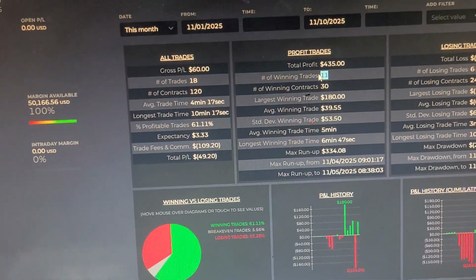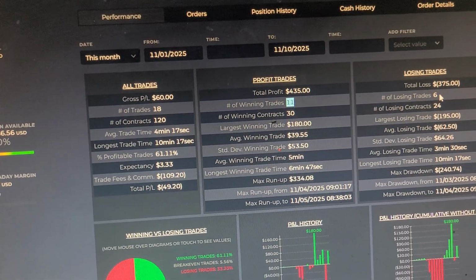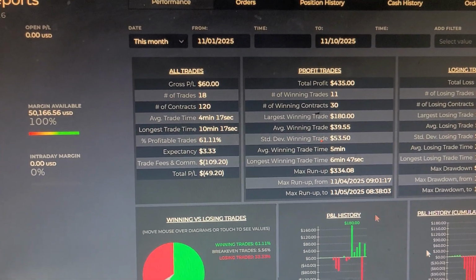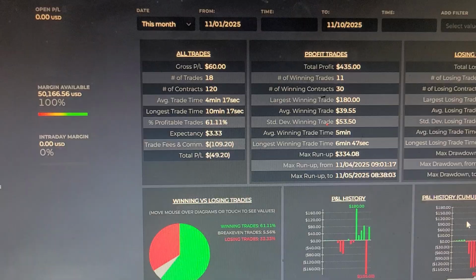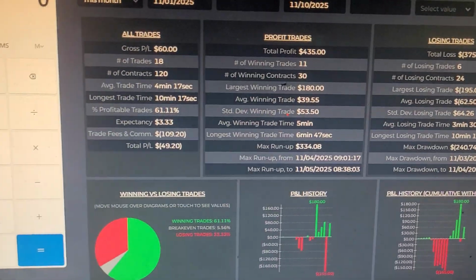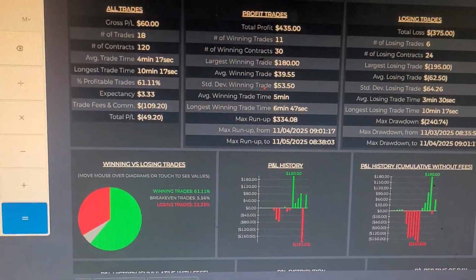The reason I say that is because of our stats. 11 wins, 6 losses, 61% win rate. That's cool, right? That's profitable, especially at a 1 to 2 risk to reward. That's really good.